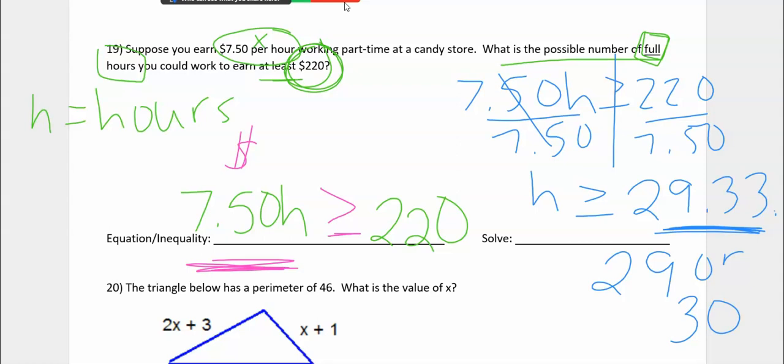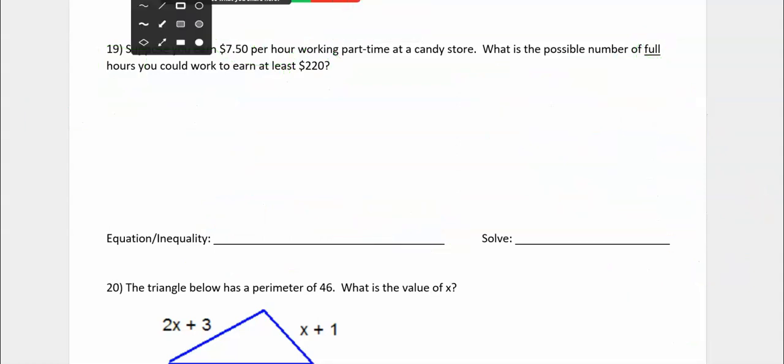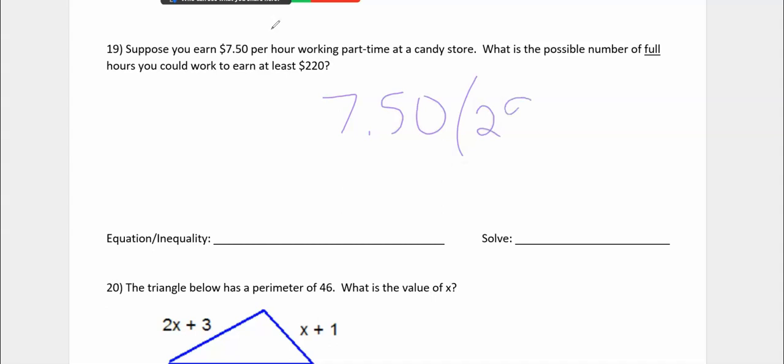If you weren't totally sure why, you could always just plug it back in. Let's say I work 29 hours if I rounded it down. Well, put that in your calculator, do 29 times $7.50 and see, would you hit your goal? You wouldn't.